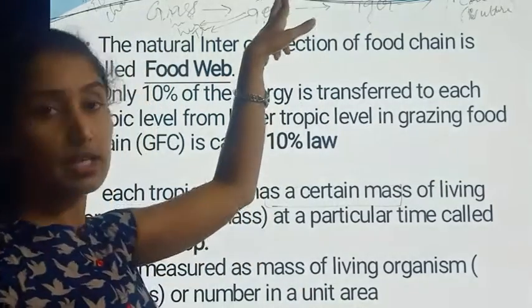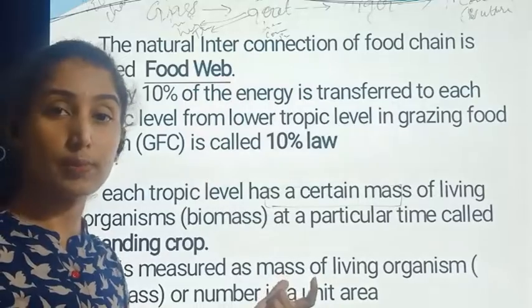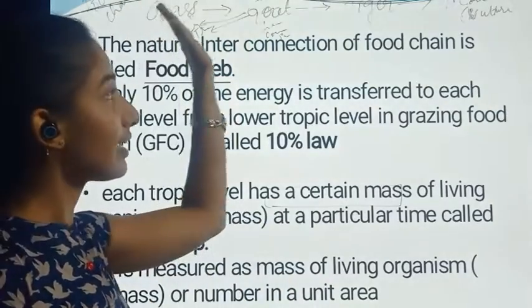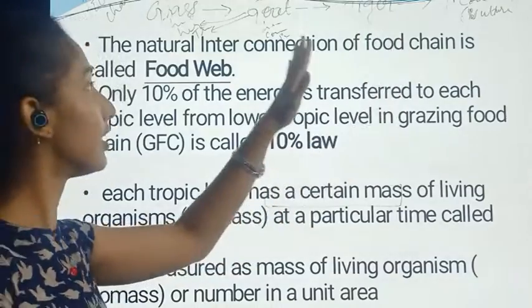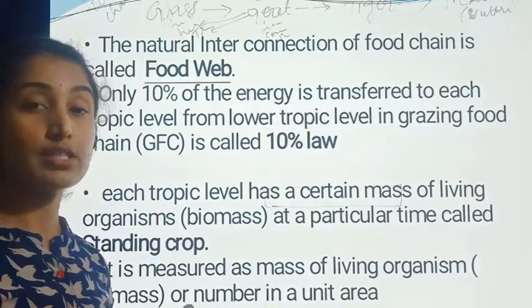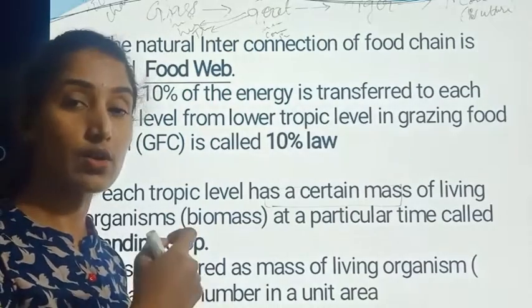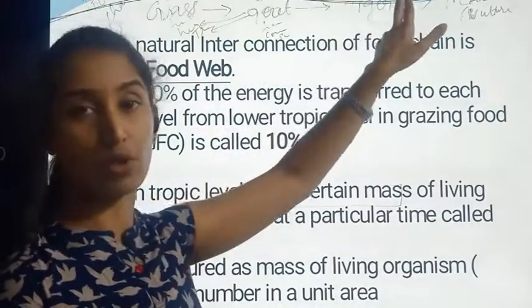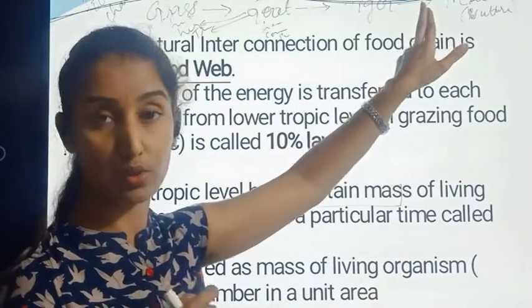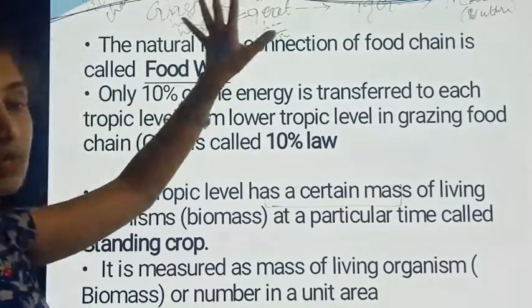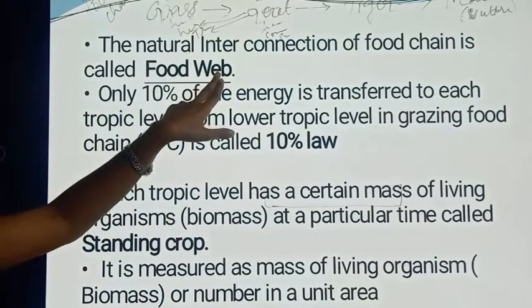The primary consumer can depend on many other producers. There are many organisms depending on different organisms present in the different trophic levels of the ecosystem, and that is what we call the food web.